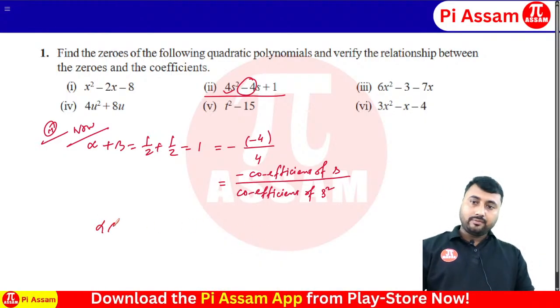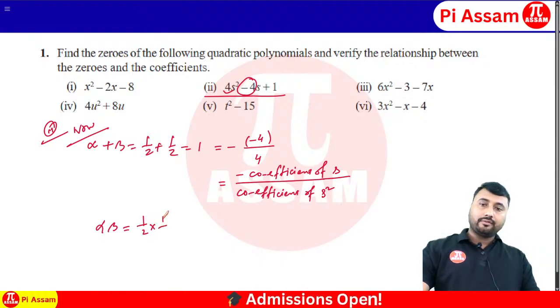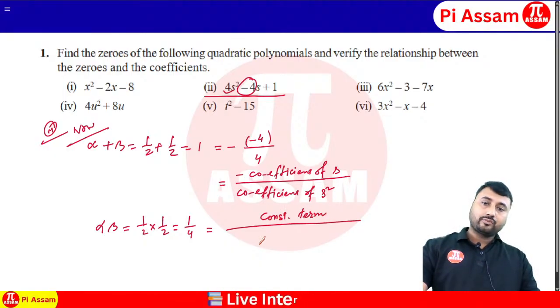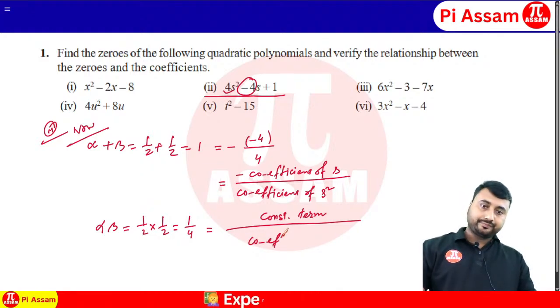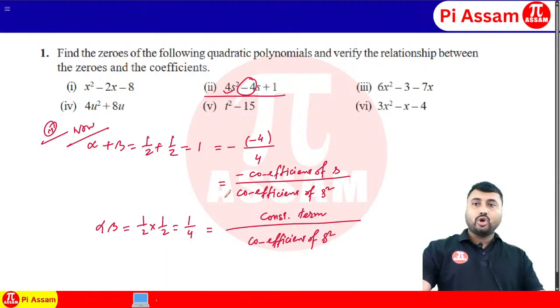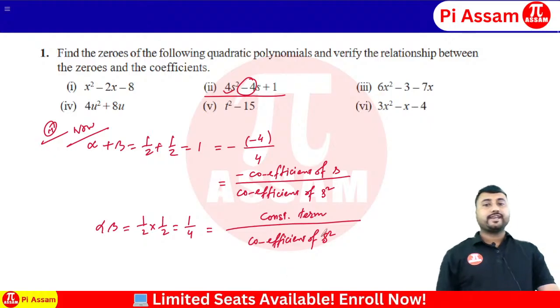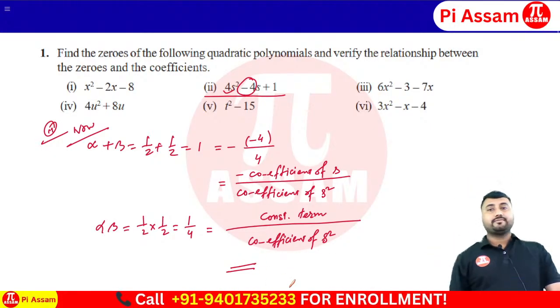And alpha into beta is equal to half into half, so it will be 1 by 4, which is equal to constant term 1 by coefficient of s square, which is 4, so 1 by 4. So second relation also verified. So question number 2 is verified.